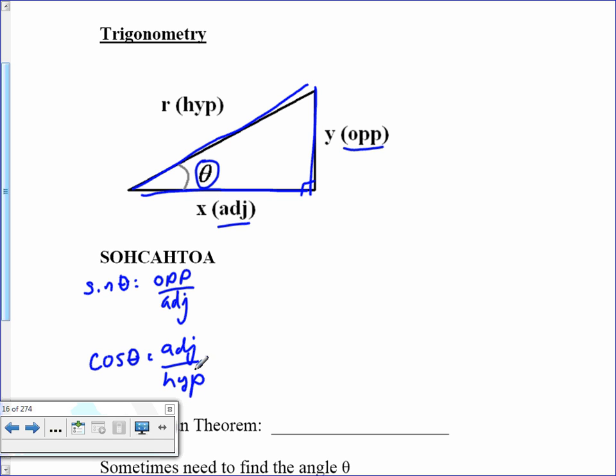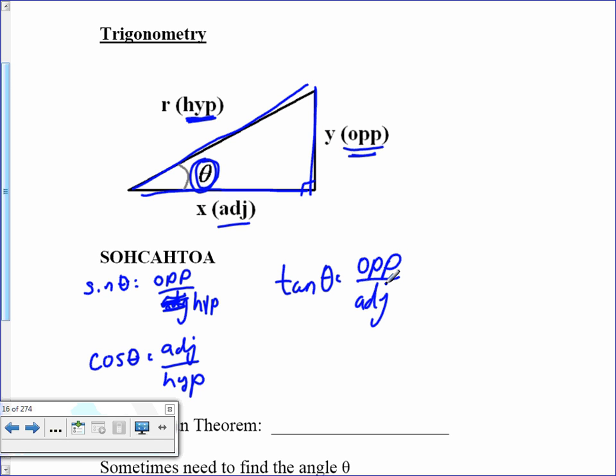Actually, I made a mistake there. Let me go back and fix it. The sine of the angle theta is opposite over hypotenuse. So the sine of this angle theta is opposite over the hypotenuse. And then the last TOA, the tan of the angle theta, is opposite over adjacent.